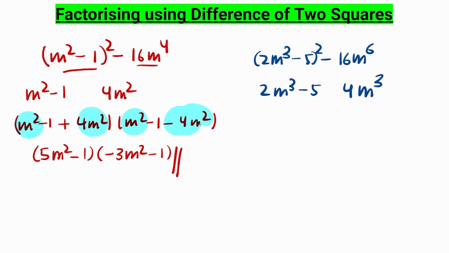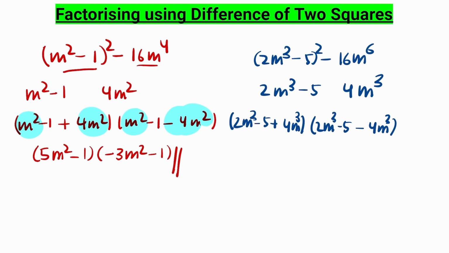Now we can separate them into two pairs of brackets, 2m to the power 3 minus 5 and 4m to the power 3, 2m to the power 3 minus 5 and 4m to the power 3, and put plus in one pair of brackets and minus in the other pair of brackets.